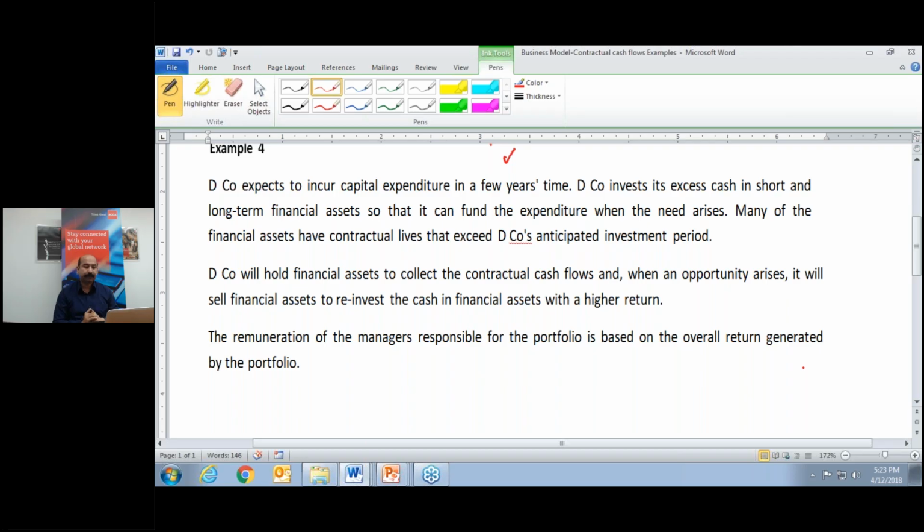Listen carefully. E company expects to pay a cash outflow in 10 years to fund capital expenditure and invests excess cash in short-term financial assets. When the investments mature, E company reinvests the cash in new short-term financial assets.